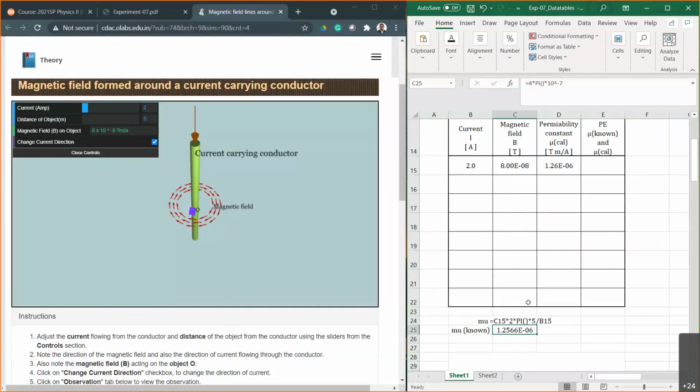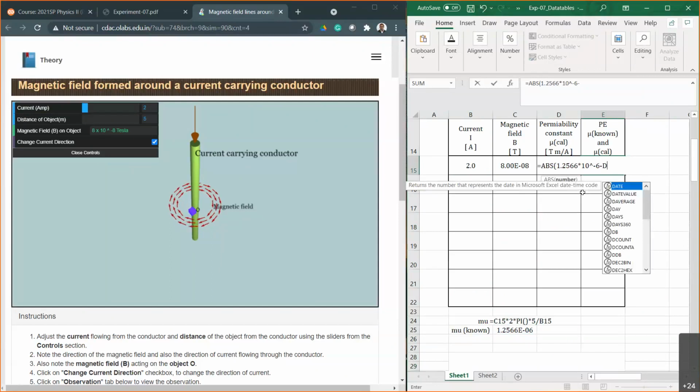Let's compare those two. I'm going to keep this number right here and then equal sign ABS, open brackets, expected value 1 point, let's say 2566, multiplied by 10 to the power minus 6, minus calculated value on D15, right?